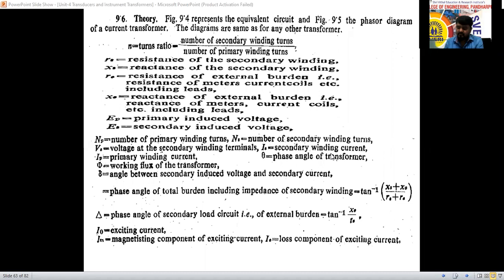Roll number 17 present, okay. 18 is also present.